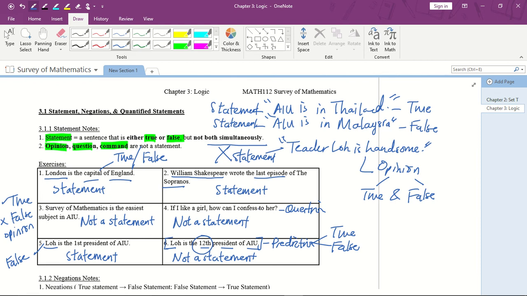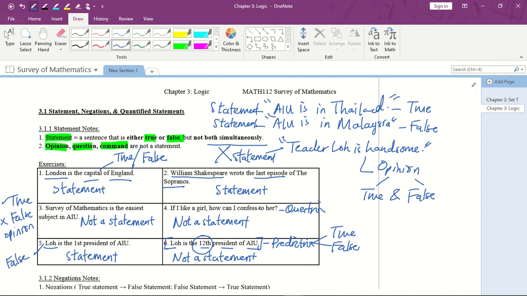Because when it is a prediction, we cannot say that it is surely true or surely false. Just like opinions, comments and questions, we cannot come up with true or false, because it's not a sentence for us to answer true or false. I hope you get the concept. This whole chapter we are dealing with statements.